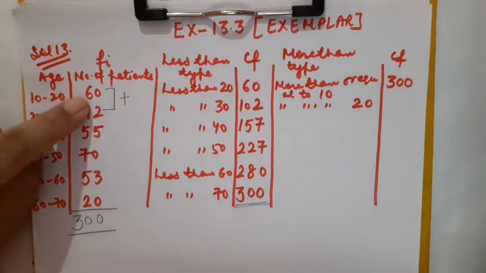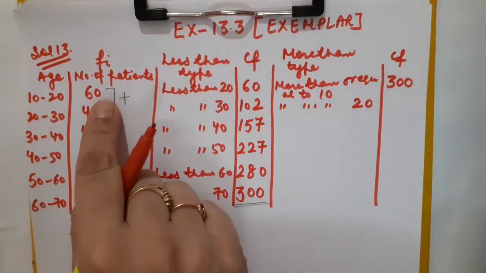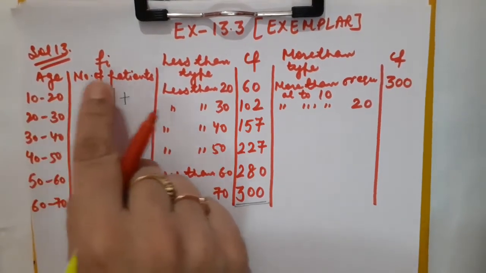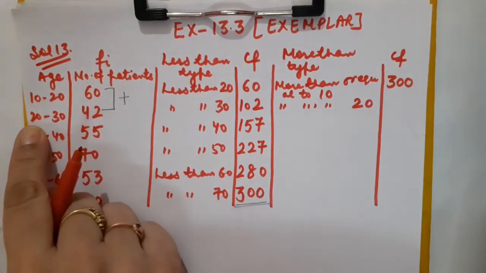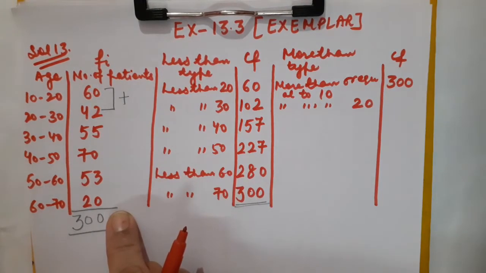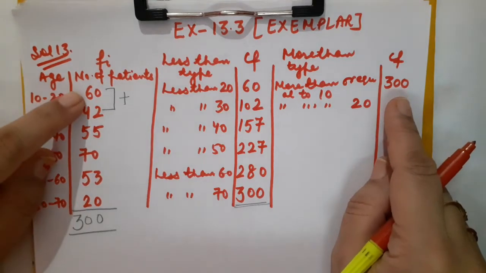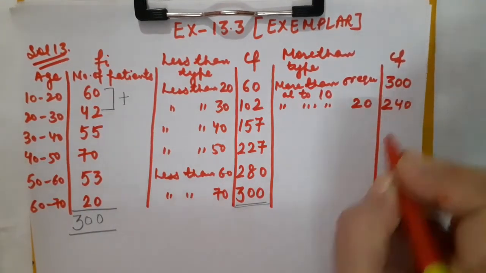But I am not supposed to include this which is coming from the 10 to 20 interval. Why? Because here 20 is not included as it is the upper limit. Correct? So 20 will be included from here and I have to take 20 onwards, including 20. So in this total, you are going to subtract this 60. So you will get 240. Got it?